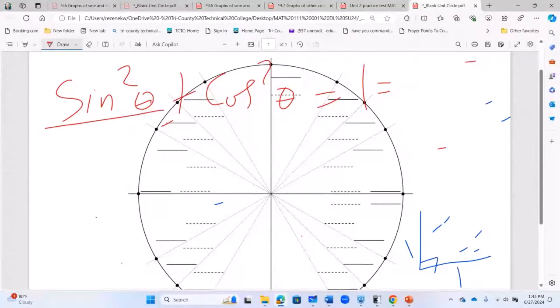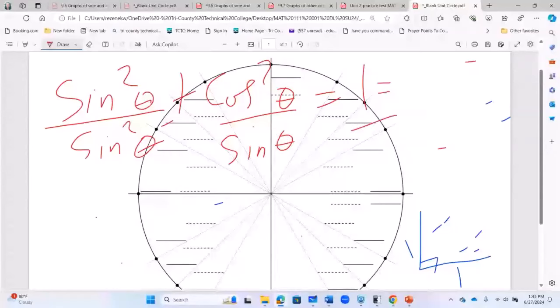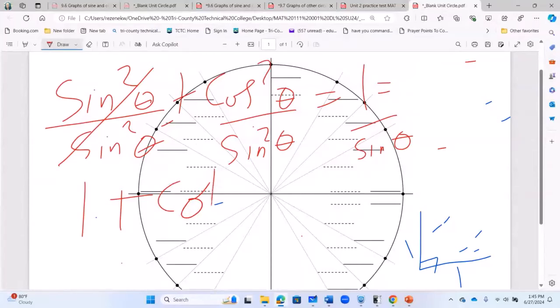Sine squared theta divided by sine squared theta is 1. We bring 1 down, plus cosine squared theta over sine squared theta is cotangent squared theta. 1 over sine squared theta is cosec squared theta.